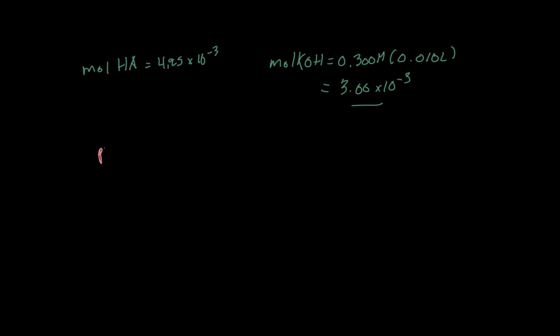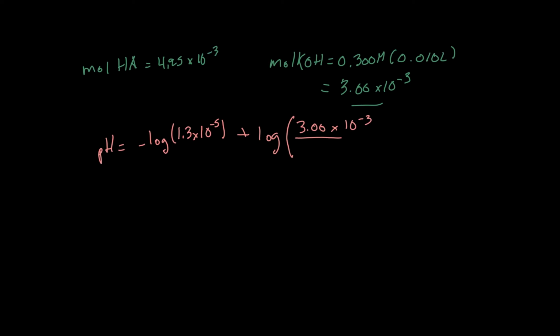Okay, so we're going to use the Henderson-Hasselbalch equation. So our pKa, that's the negative log of the Ka value, 1.3 times 10 to the negative 5. And we're going to add to that the log of base over acid. Okay, so base in this case, the conjugate base, is equal to the moles of KOH. So we have 3 times 10 to the negative 3.